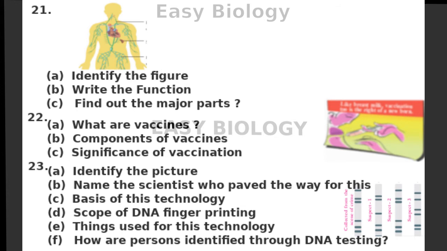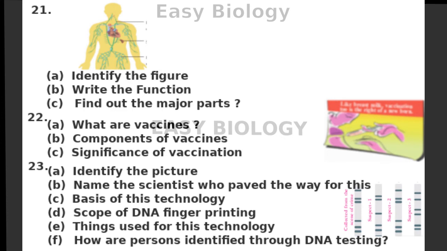The lymph contains plenty of lymphocytes. They destroy the disease-causing bacteria in lymph nodes and spleen. Question 21C. Find out the major parts. Answer: lymph duct, spleen, lymph nodes, and the lymph.